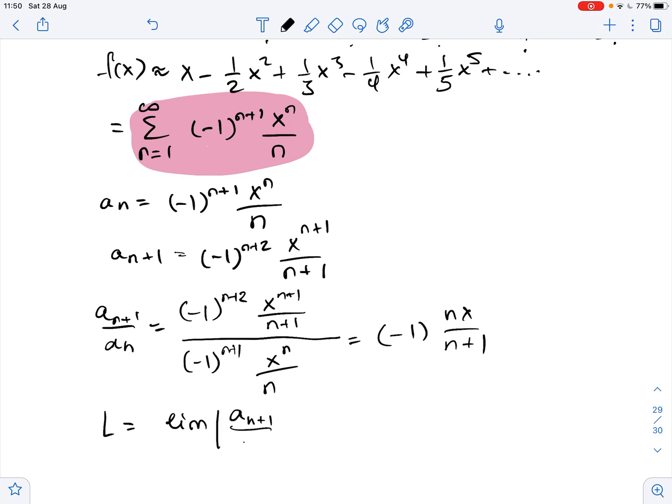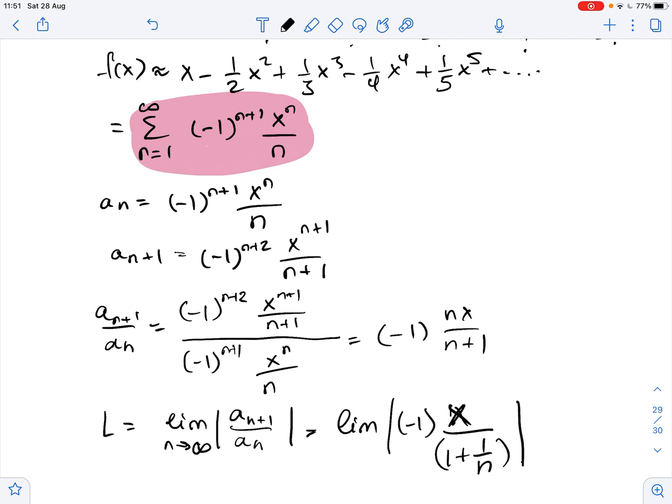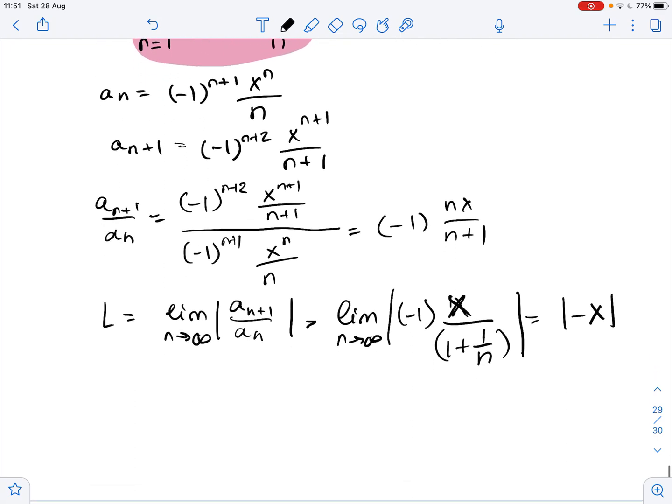Then L equals the limit of the absolute value of a n plus 1 over a n, where n approaches infinity, and this equals the limit of the absolute value of negative 1 times x over 1 plus 1 over n, and this equals the absolute value of negative x.